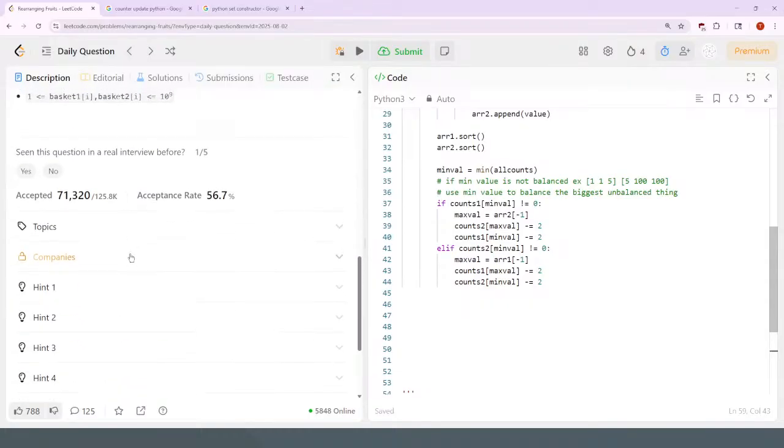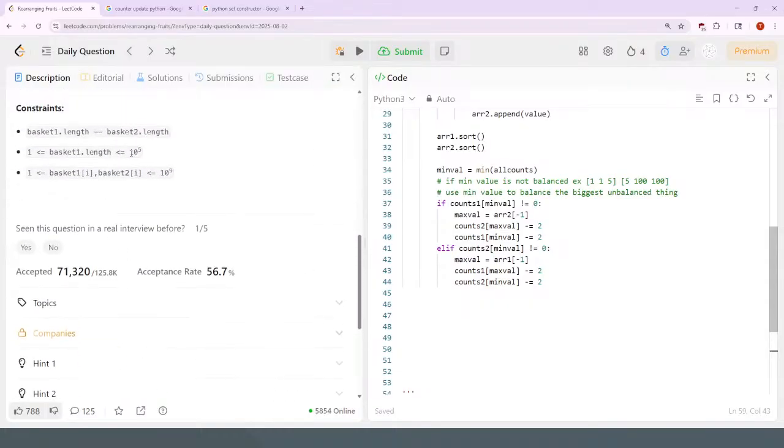Let's see how many values there are here. 10 to the 5th. I mean, it's going to be slower. It's definitely going to be more optimal if I just deal with the frequency of the counts and handle that kind of complexity on a meta level.